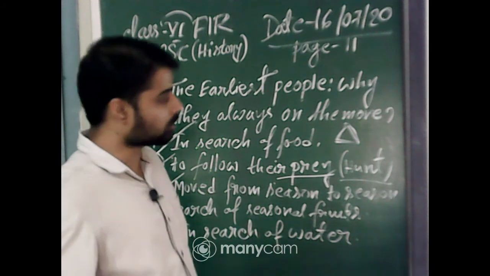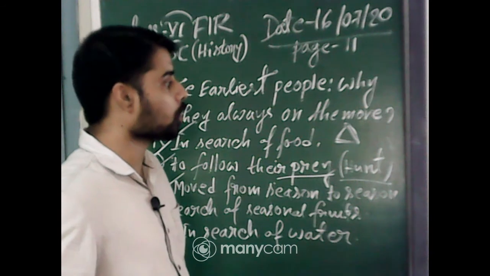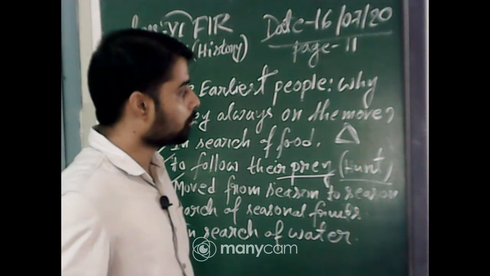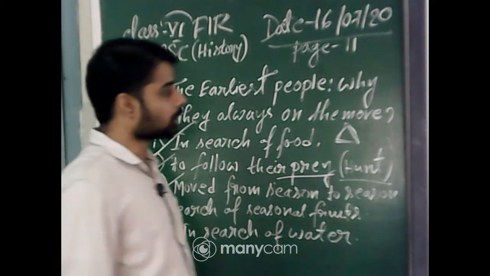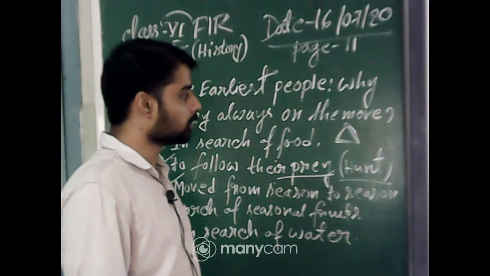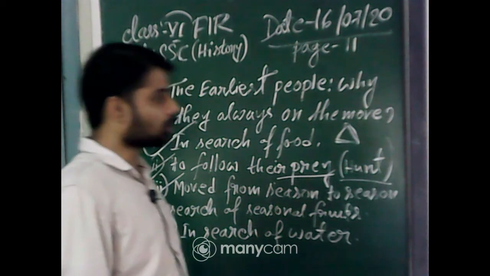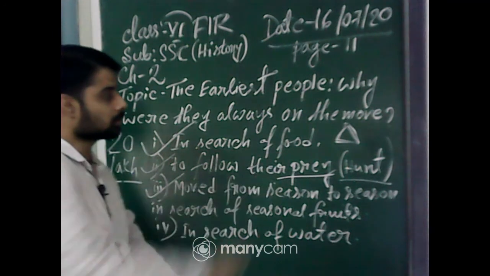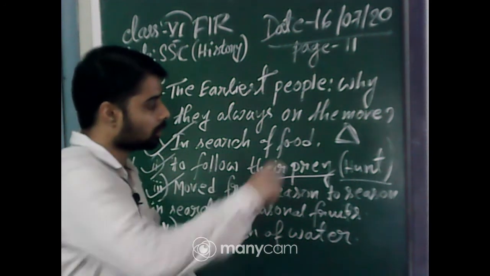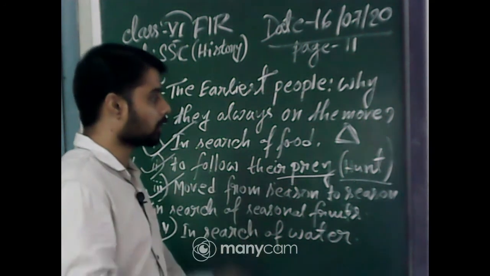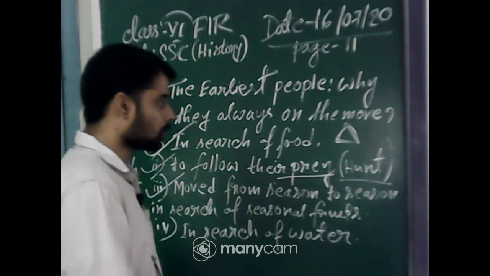In your book, page numbers 2 and 3 were empty. So, Ishika, you can download them from the internet, or otherwise you can take a photograph from any of your friends' books.